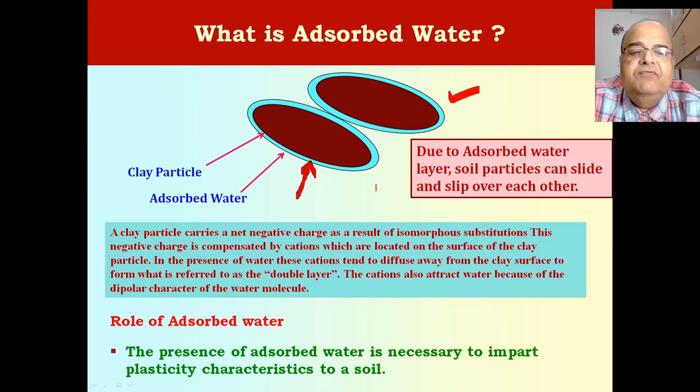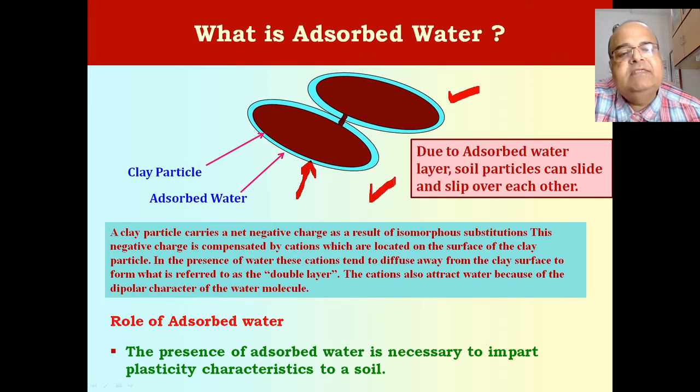But because of the adsorbed water layer that is formed surrounding the surface, the contact is now between the two adsorbed water layers, and that actually reduces the frictional resistance between the particles.